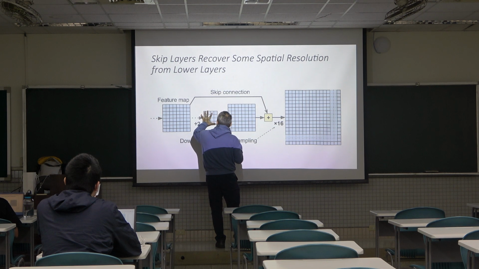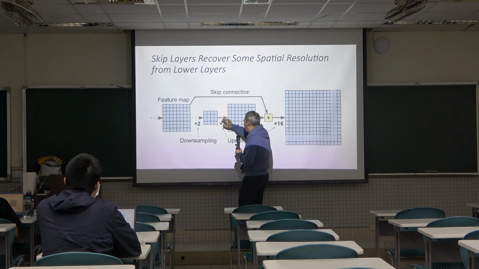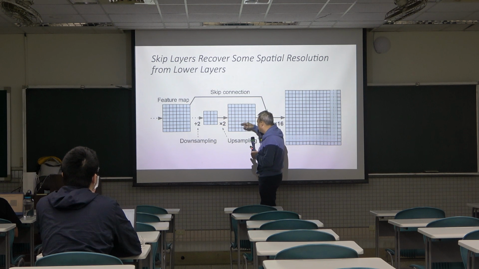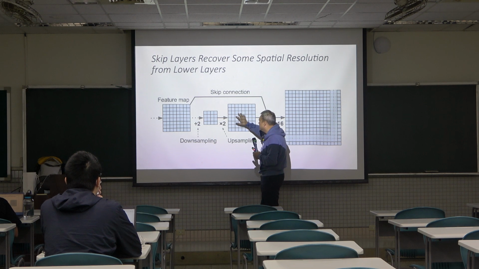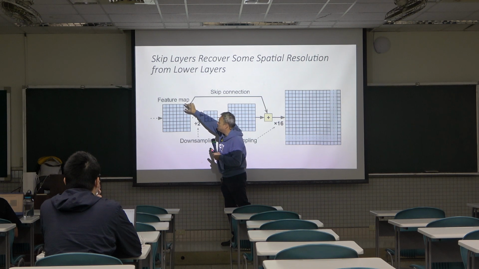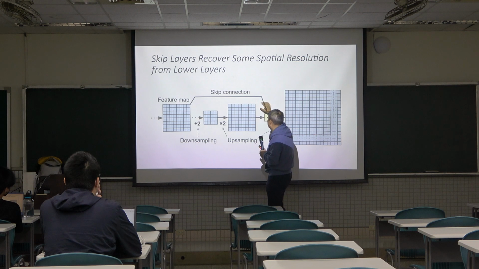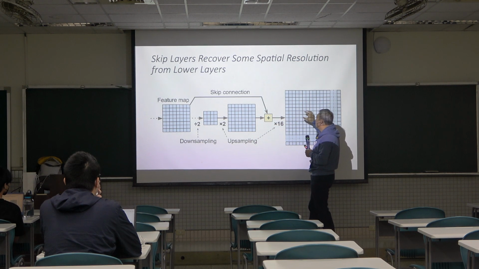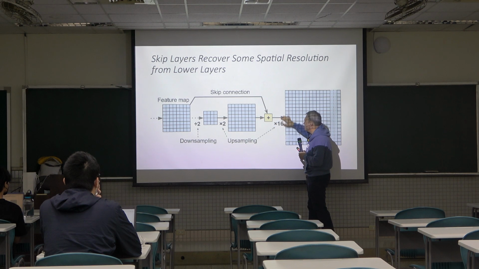Now, when we want to do the upsampling, not only do we use the transpose convolutional layer, but we also incorporate the feature maps of the previous layer with the same size. We add them together, and then we again use the upsampling, 16 times.